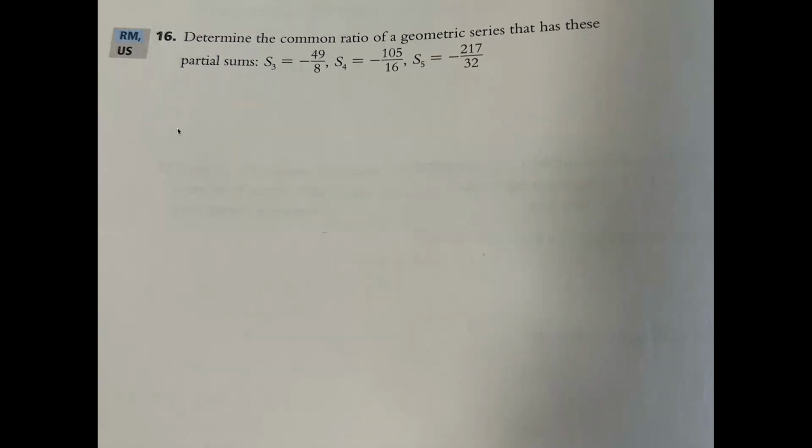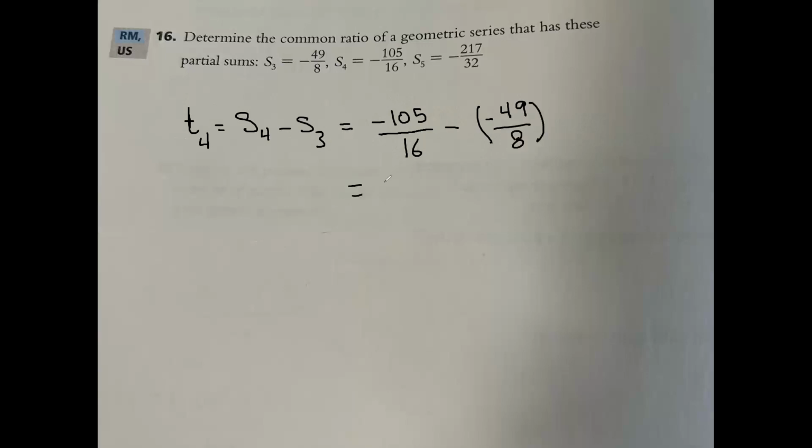So from this information, we could find T4, because if you have S3 and S4, then T4 will be just S4 minus S3. And so this is going to be negative 105 over 16 minus negative 49 over 8, which will give me negative 105 over 16.